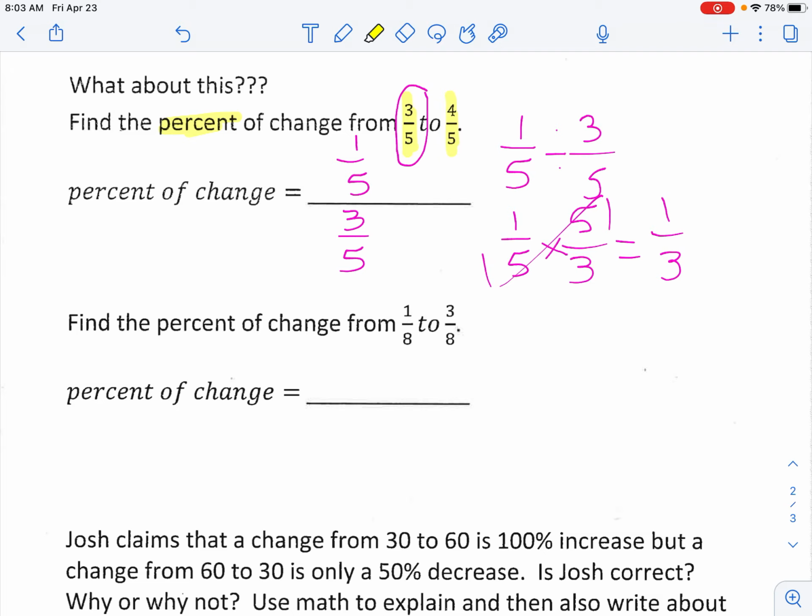Numerator divided by denominator is 0.3 repeating. So 0.333, etc., would be 33.3 repeating percent increase. Remember, this is going back to increase, decrease. So if it goes from 3/5 up to 4/5, it's increasing by 1/3.